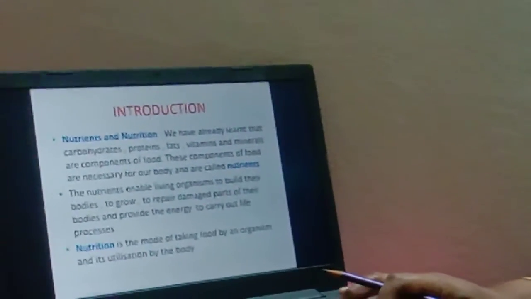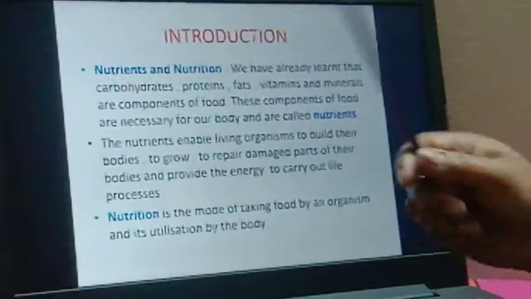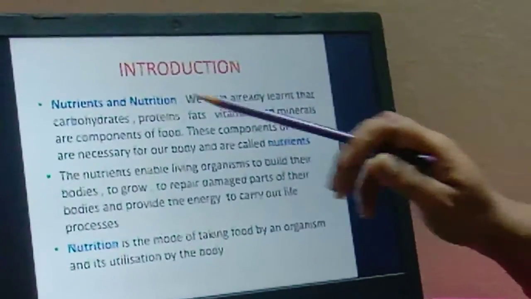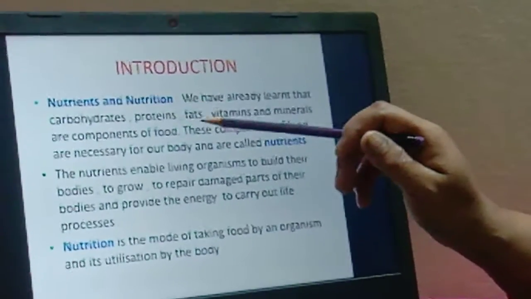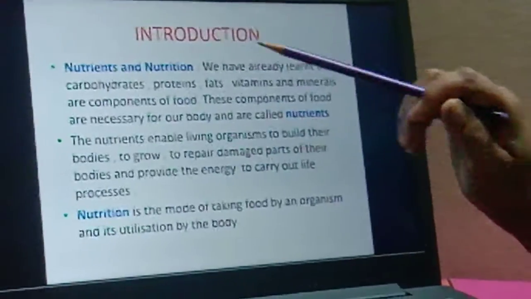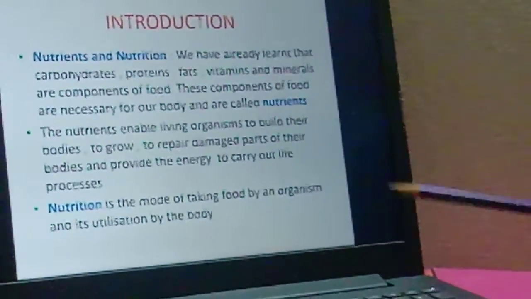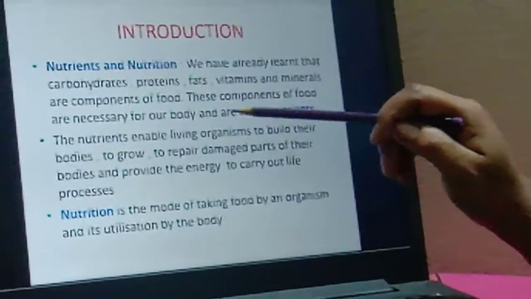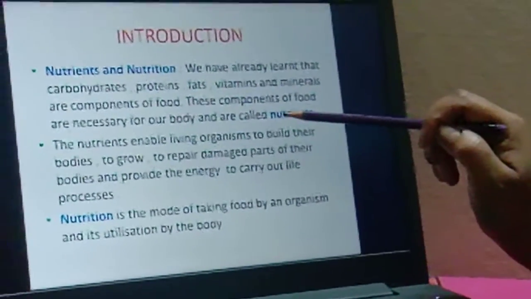First of all, the introduction. What is nutrients and nutrition? We have already learned that carbohydrates, proteins, fats, vitamins and minerals are components of food. These components of food are necessary for our body and are called nutrients.